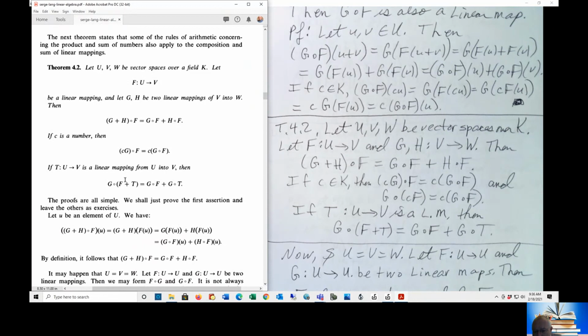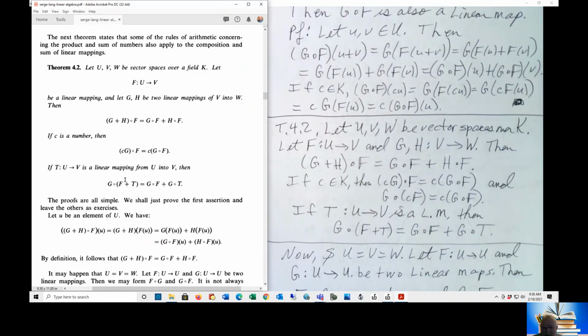Scalars can go in and out wherever, and if T is from U to V, then you have the right-hand side distribution. G composed with F plus T is G composed with F plus G composed with T.